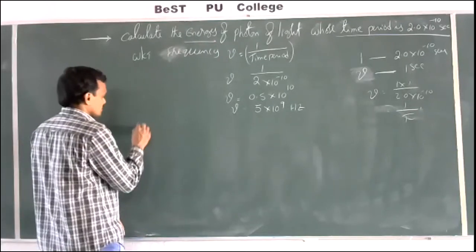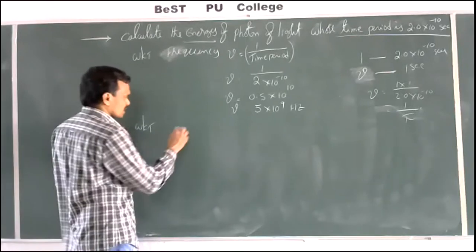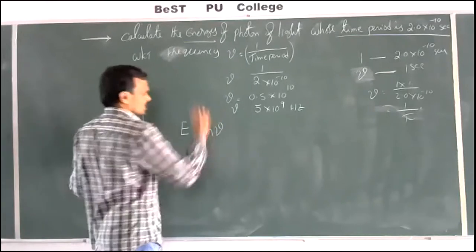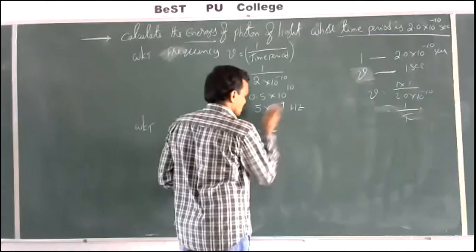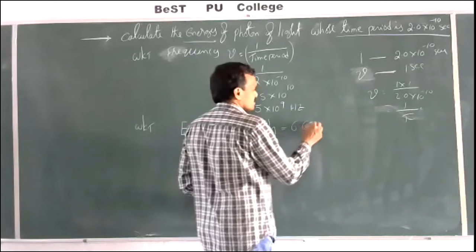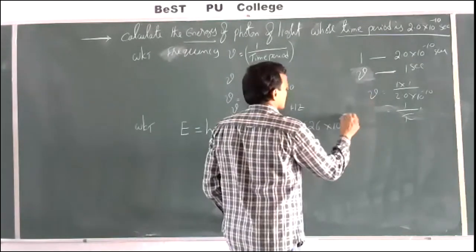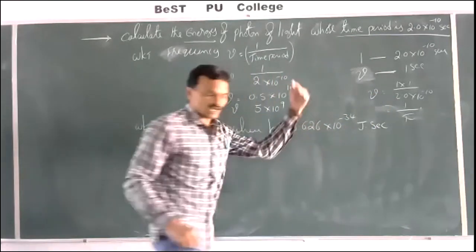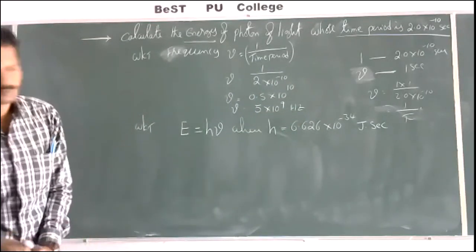According to Planck's quantum theory, we know that energy E is equal to h nu, energy of one photon, where h is 6.626 into 10 power minus 34 joule second, or if you take 10 power minus 27, you can get answer in terms of ergs, that is CGS units.